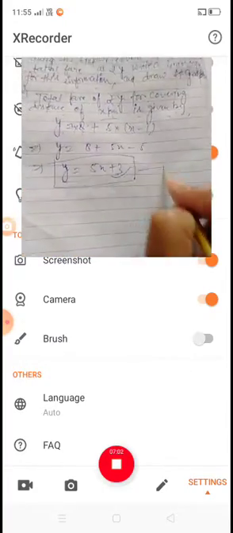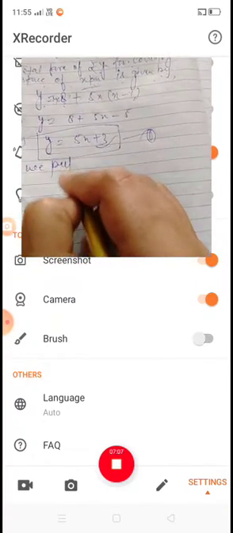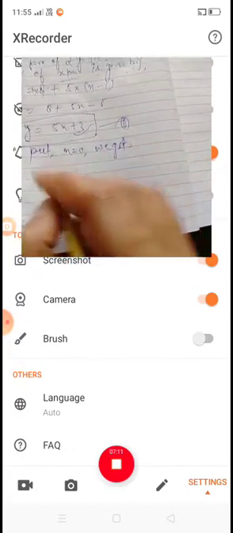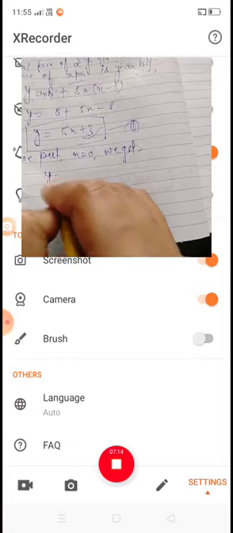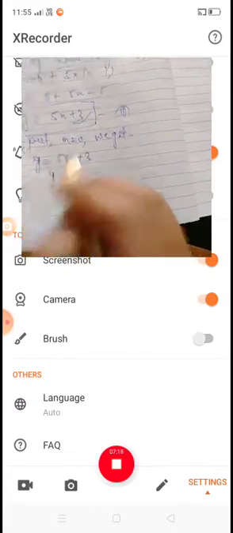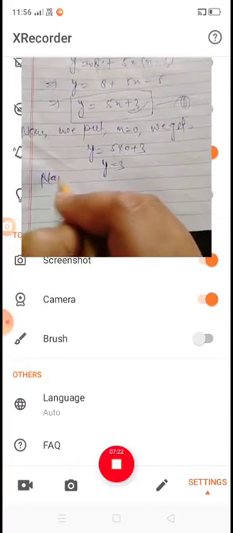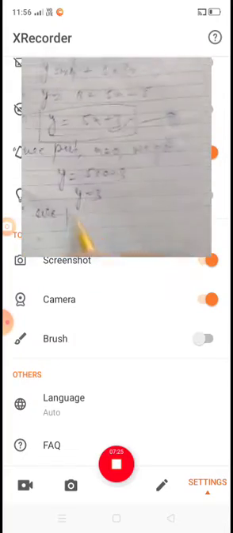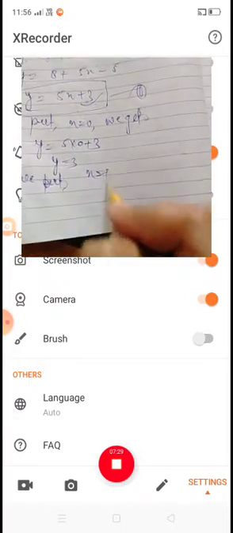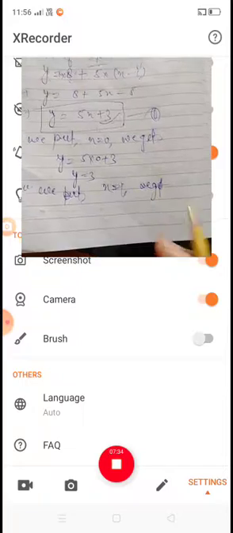Now take equation number 1. Now we put x is equal to 0. We get y is equal to 5 into 0 plus 3, that is y is equal to 3. Now we put x is equal to 1.